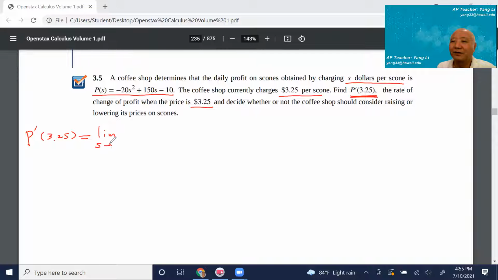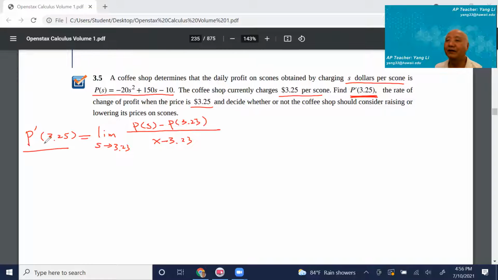As S approaches 3.25, of P(S) minus P(3.25), and then divided by S minus 3.25. This is the definition of the derivative of the function at that point, right?